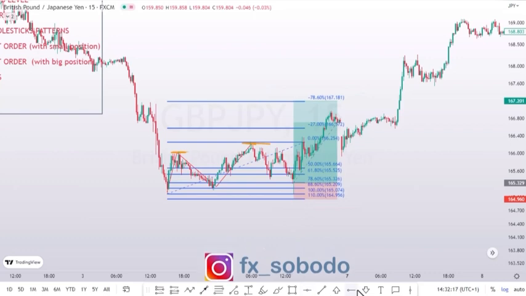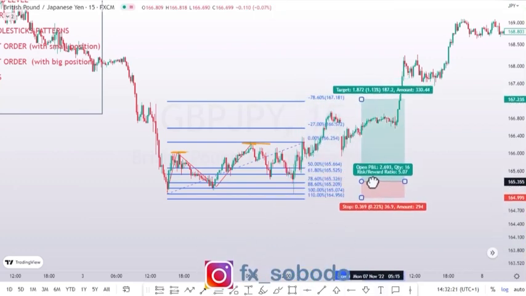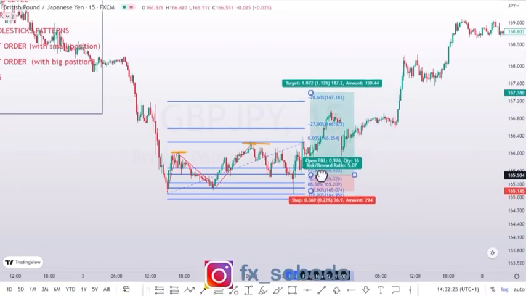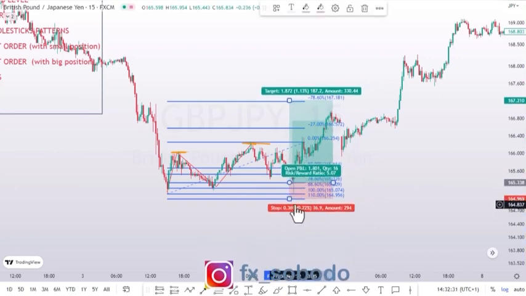So let's do this. Since you've noticed, for example, you said, okay, I want to enter at 78.6. Voila. And your stop loss is at 36 pips.